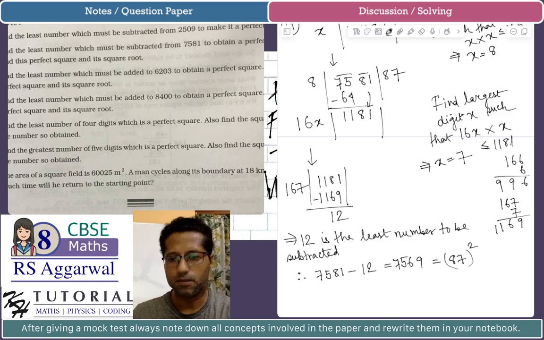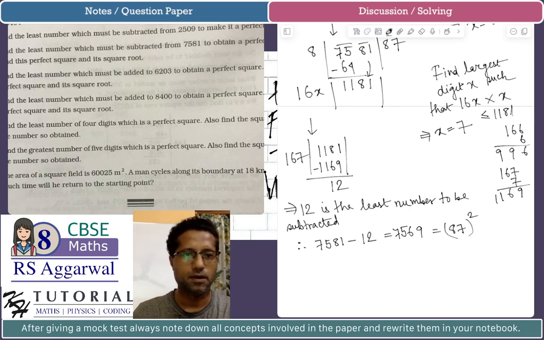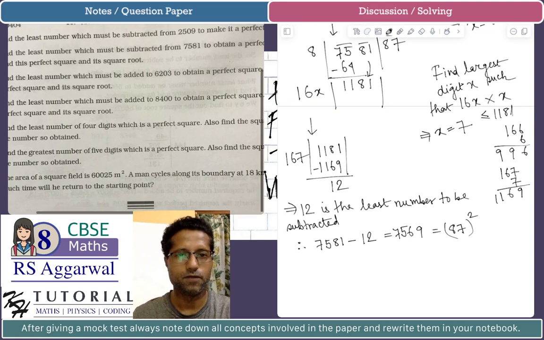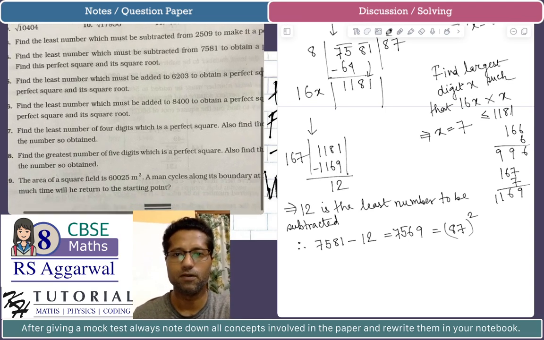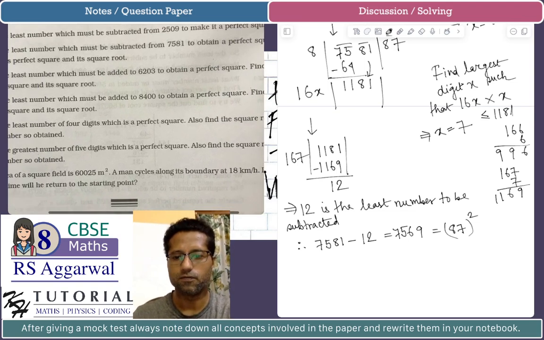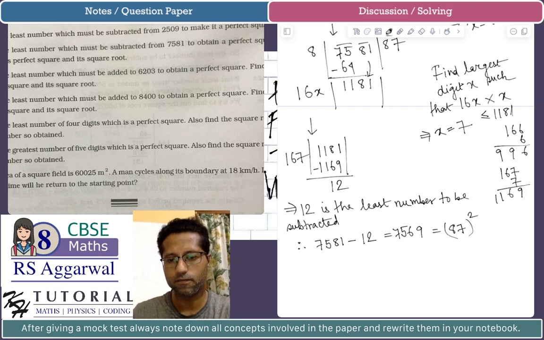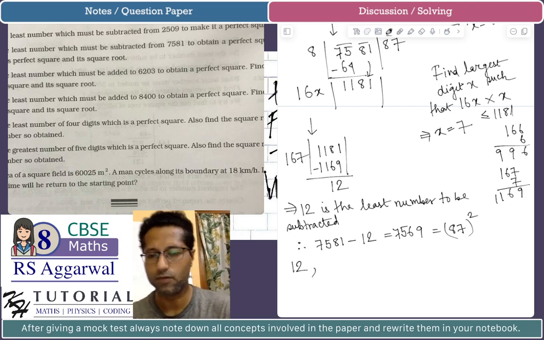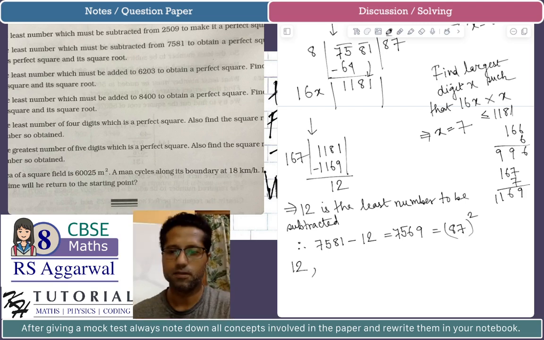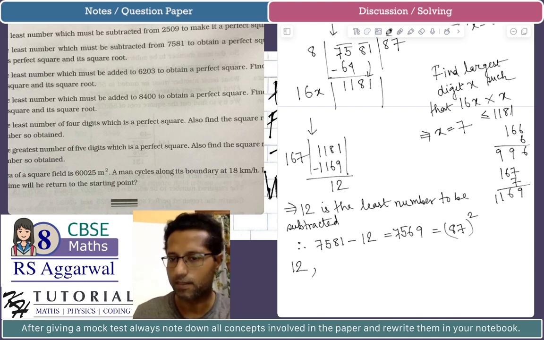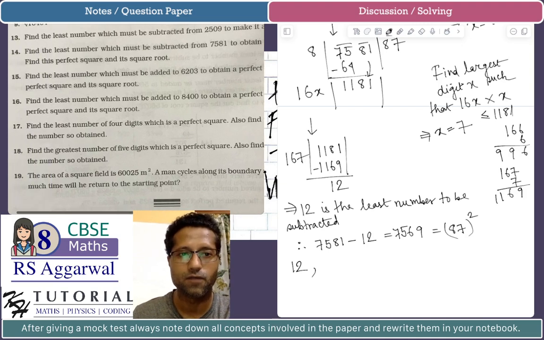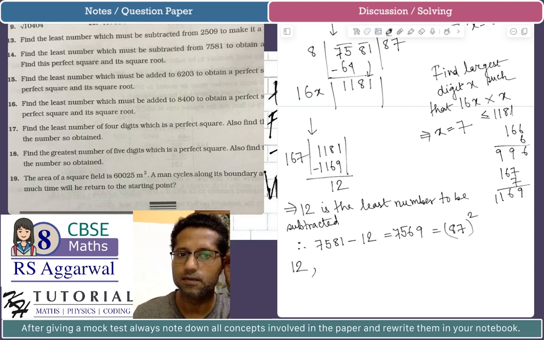So this problem has multiple parts. The first part was to find the least number which must be subtracted from 7581 to obtain a perfect square. That number is 12. The 12 is the least number that must be subtracted from 7581 to make it a perfect square, and that perfect square is 7569. The second part was to find this perfect square and its square root.